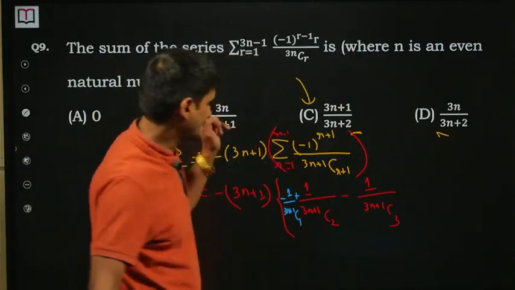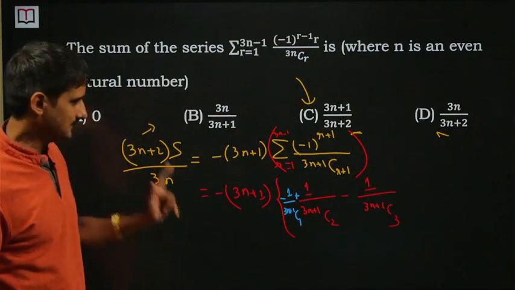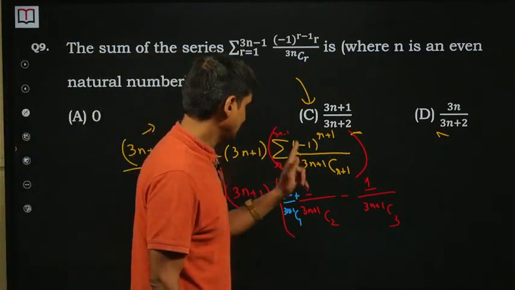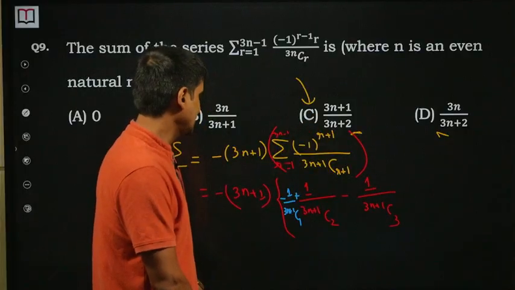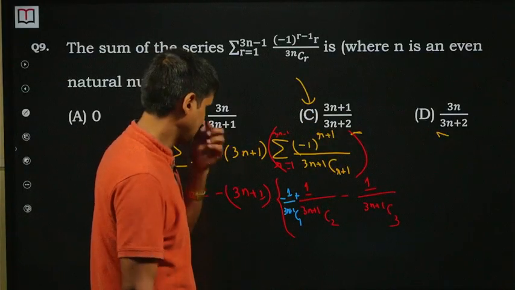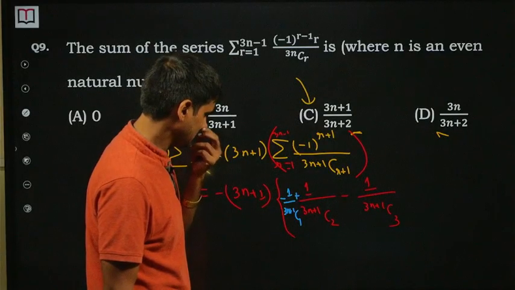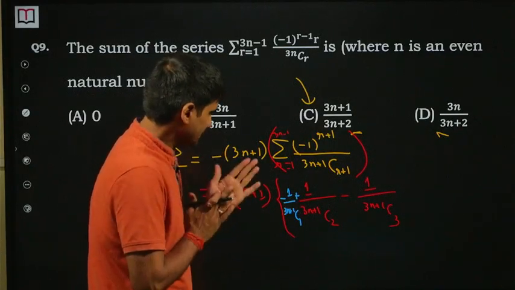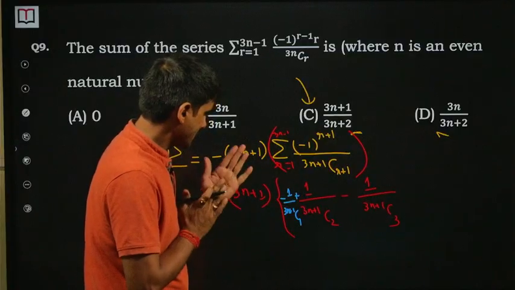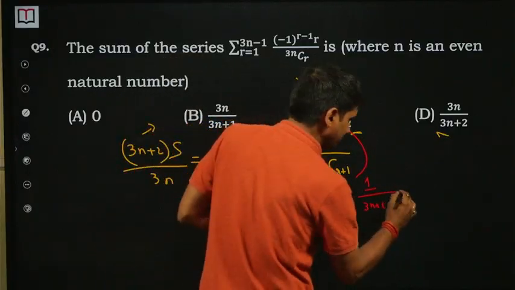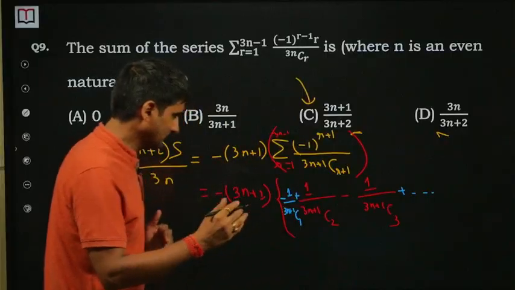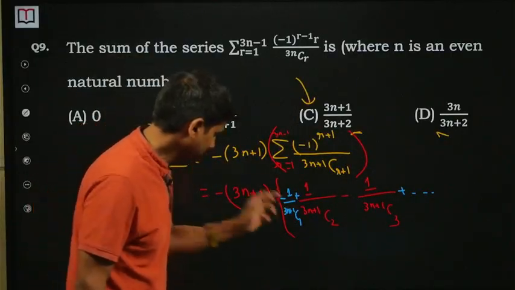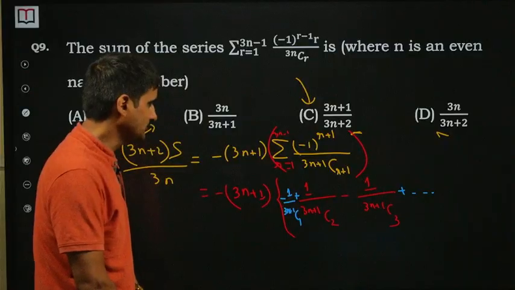See, 3n is even, so it will be 3n minus 1 plus 1. Just a minute. Let me write the last two terms, as I wrote the first two terms for r is 1 and 2.